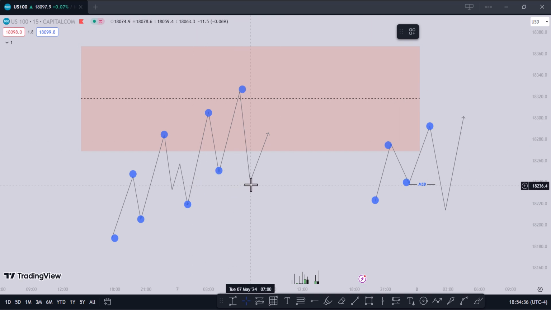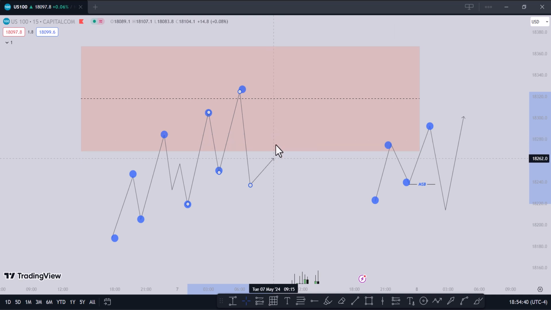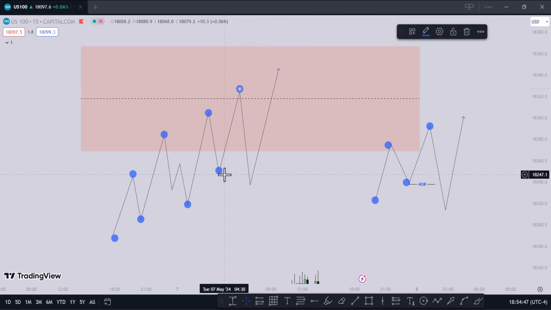But what happens most of the time is that price will do this. It will violate it, this whole market structure shift is now fake, and it continues higher. I know that I did a video about fake market structure shifts previously on my channel, but this one is very, very different. So pay attention.